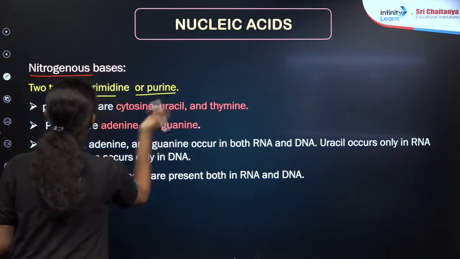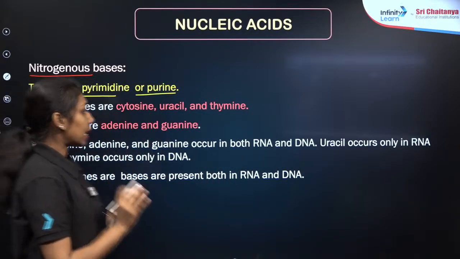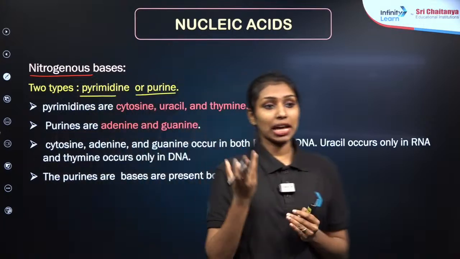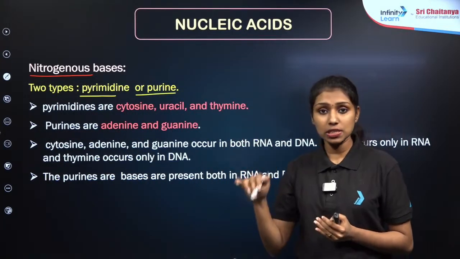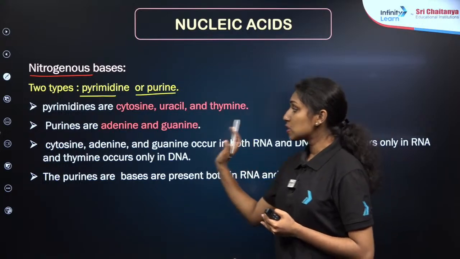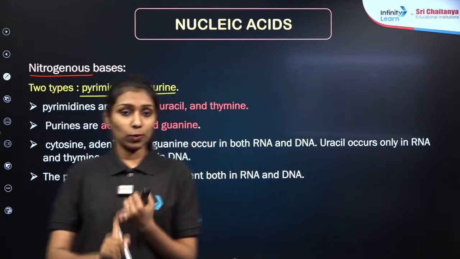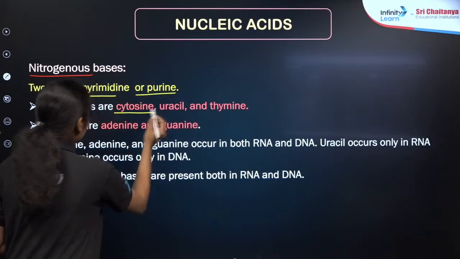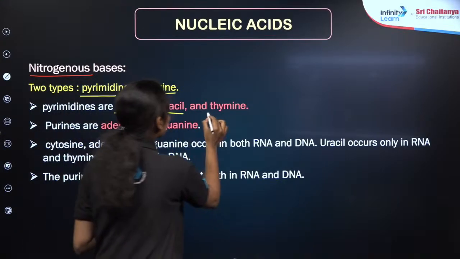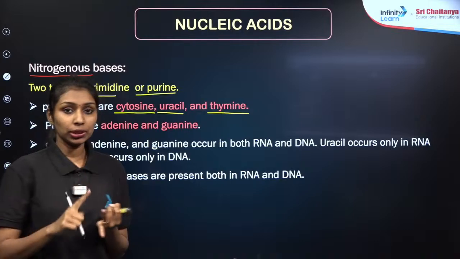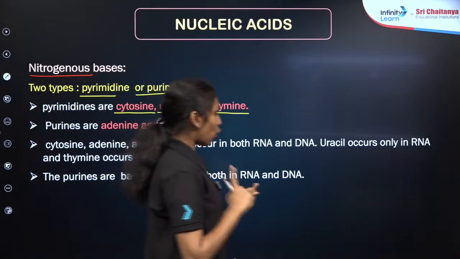We have already seen that there are five types of nitrogenous bases present. These 5 types are classified into 2 groups. The first one is the pyrimidines, which contain cytosine. Then the second one, uracil, and the last one, thymine. So you need to remember these 3 names along with their group.